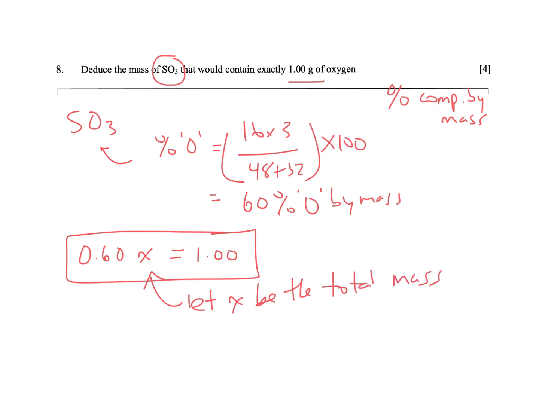Okay, so then you divide both sides by 0.6. You're going to end up with 1.0 divided by 0.6 is equal to x. If you do 1 divided by 0.6, you're going to end up that x is equal to 1.67 grams. Okay, so that's one way to do it.